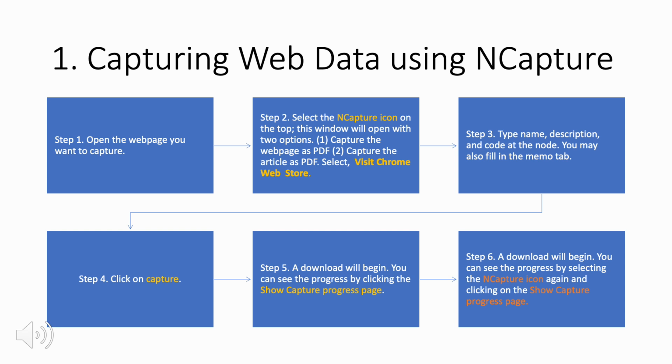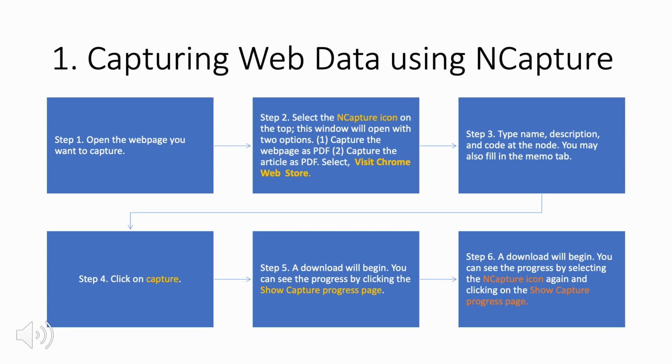These are the 6 steps which, if you follow, you would be able to capture or download website data using NCapture. The orange text is the key text which you might have to click while doing this process.